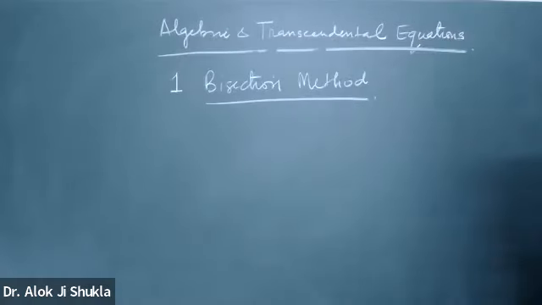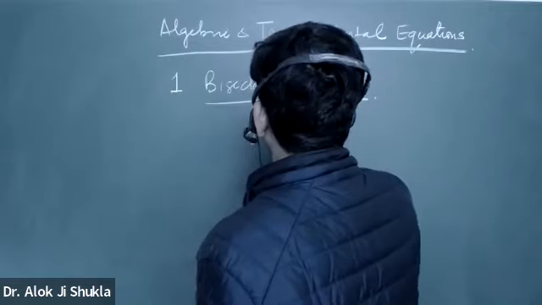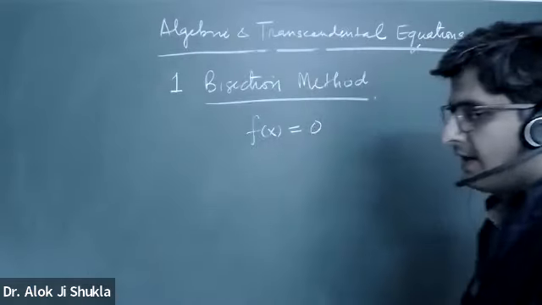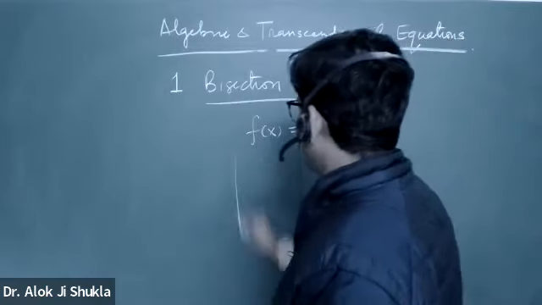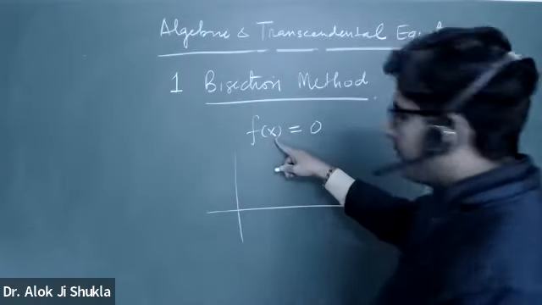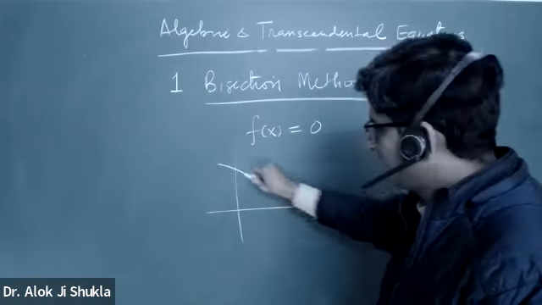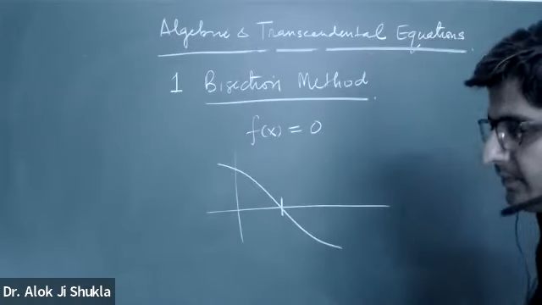Okay. So the idea is very simple, that if you have any polynomial, not polynomial, any equation, any transcendental equations like this, f(x) is equal to 0, it is like this. So actually, if at some x it is becoming 0, so that means it will be passing at some point, it will be passing from the x-axis.